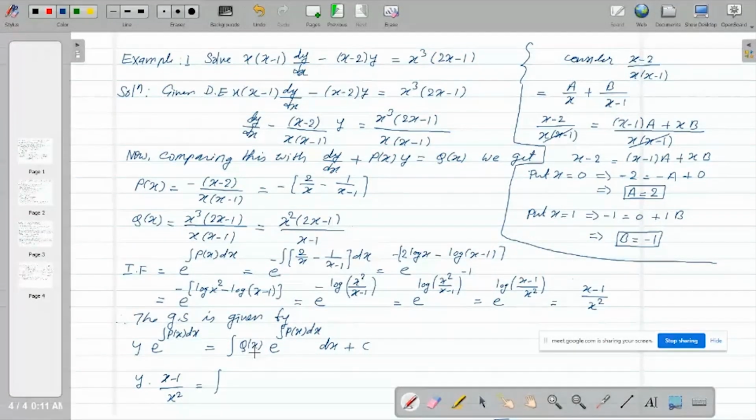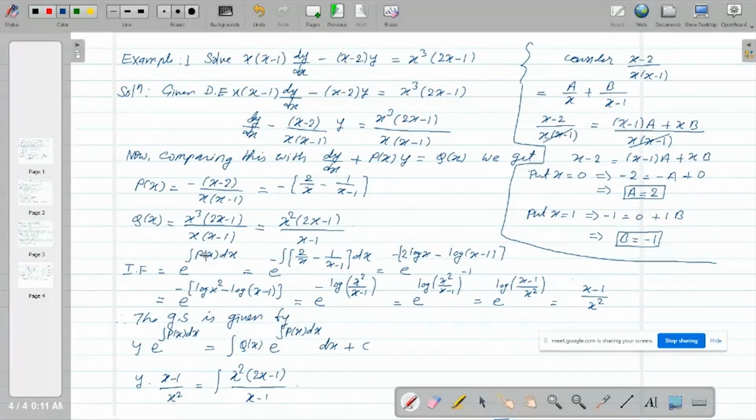What is the q of x? Q of x is this one. That is x square and 2x minus 1 divided by x minus 1. Okay, this is the q of x into this factor e raised to integration of p of x dx.